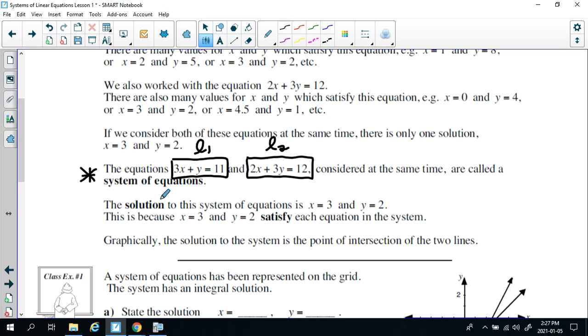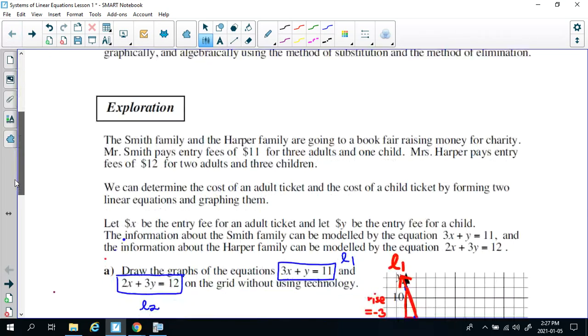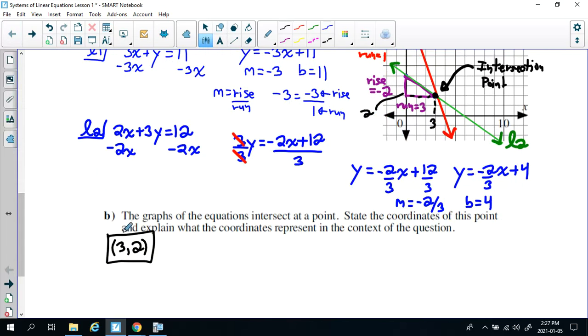Now, a system of equations has something called a solution. A solution to a system of equations is, graphically, the point where the 2 lines intersect. On this page, my solution to this system is x equals 3 and y is equal to 2.